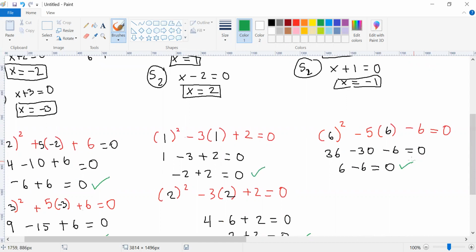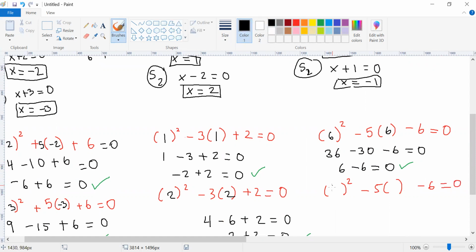So that's correct. Then let's move on to our second one from our equation of x squared minus 5x minus 6 is equal to 0. Right?